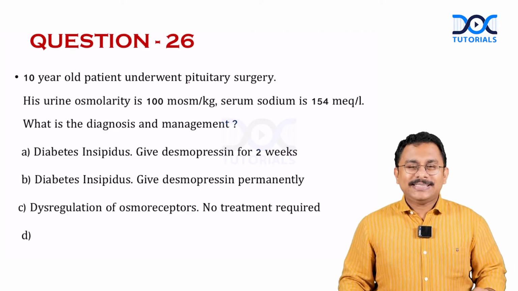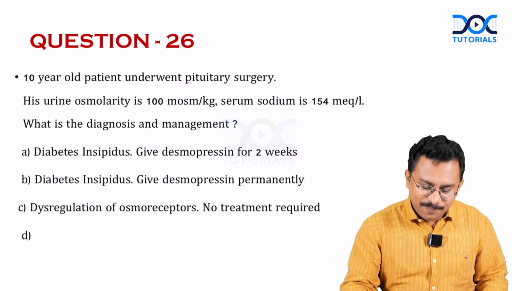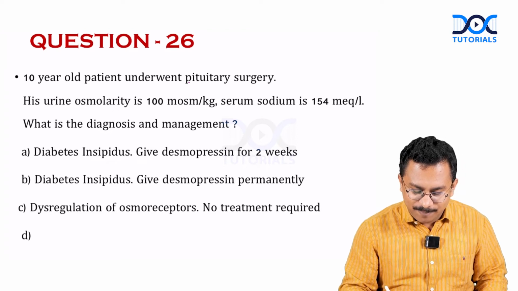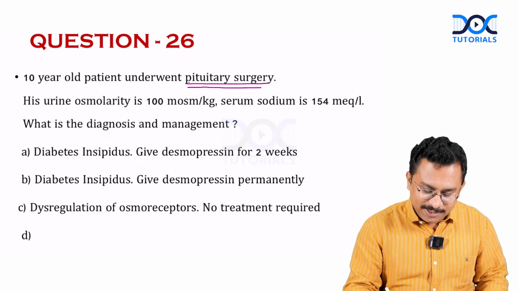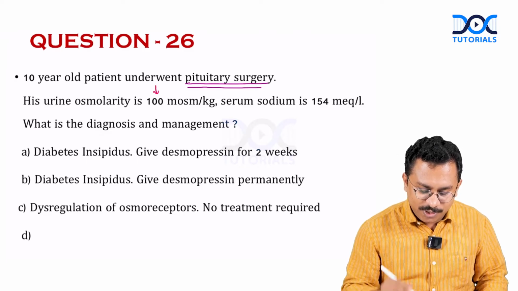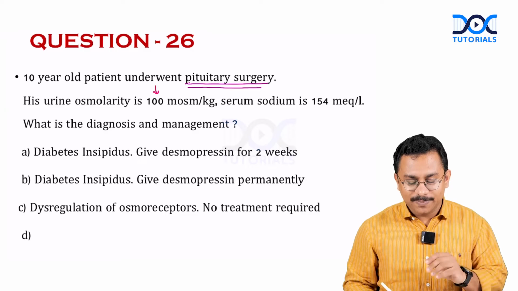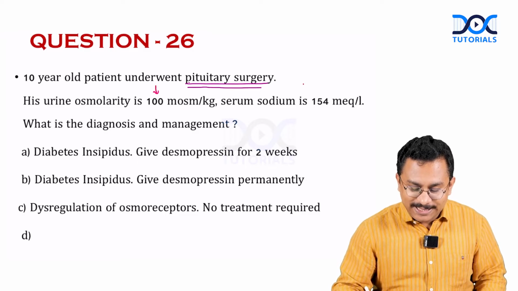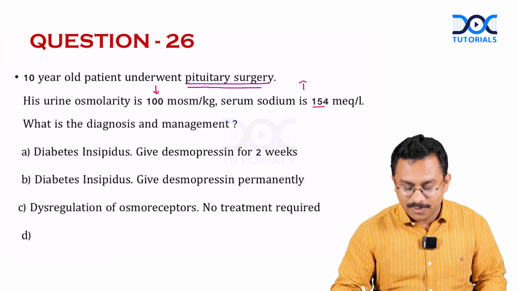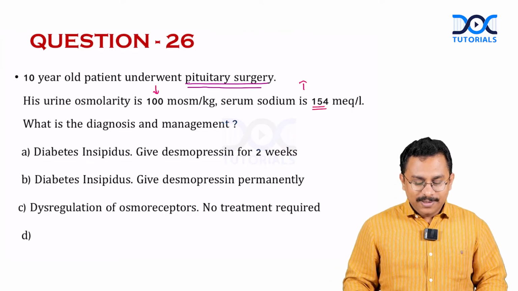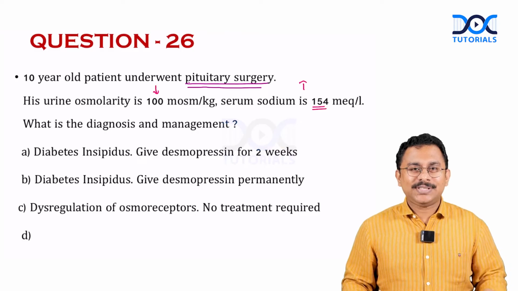Now let's try to analyze this question. The patient recently underwent a pituitary surgery. Following which you can see that there is a decrease in the urine osmolality, 100 milliosmol, and there is an increase in the serum sodium. There is hypernatremia. Now, what do you think is the diagnosis here?